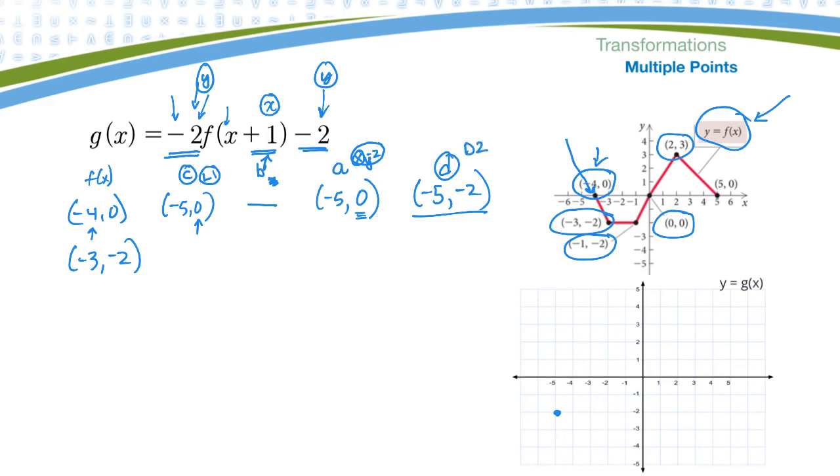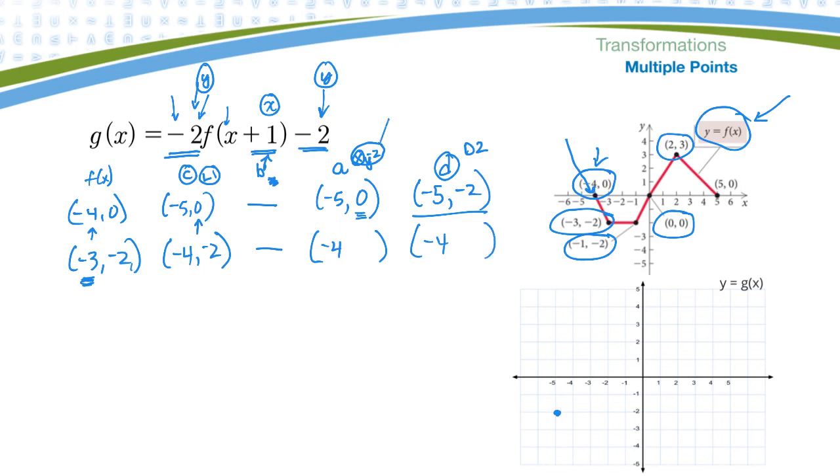Okay, so let's try it with this point. Minus 3 and minus 2. The first one, I have to move left 1. So to move this left 1, it would go to minus 4. And notice the Y value doesn't change. There's no B value, so nothing happens there. And in this one, there's nothing going to happen anymore to the X value. So that one stays and this one stays. There's just Y stuff that happens.